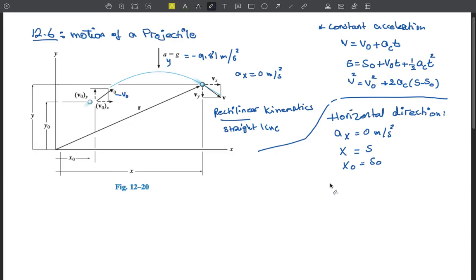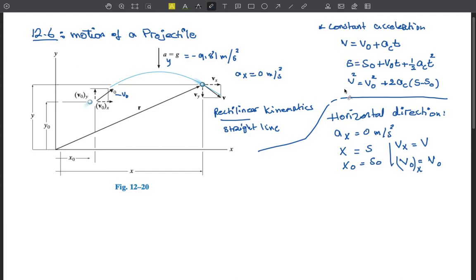Apply these into our equations. So into the first equation, instead of V, we could write Vx, and this is Vx final. So V node in the x direction is V node x.